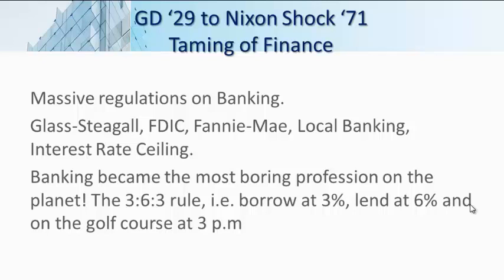So after this bubble burst in the banking crisis, in 1933 massive regulations came into place, and there was the Glass-Steagall Act, Federal Deposit Insurance, and the Fannie Mae Corporation. This was actually a very important innovation, because private banks are not equipped to make 30-year loans.